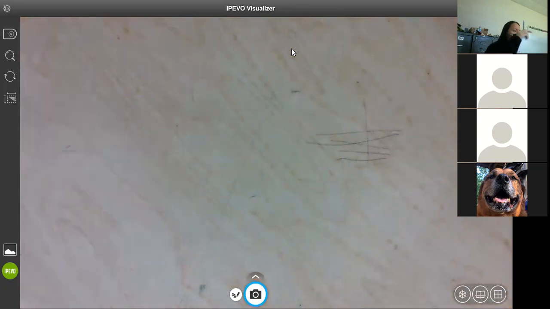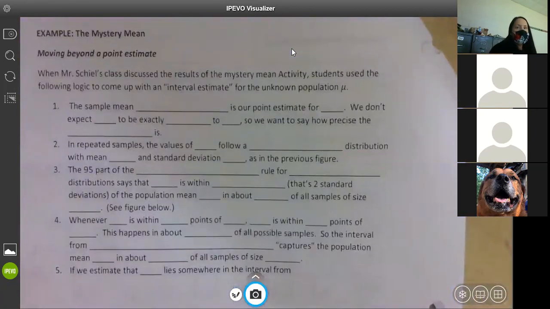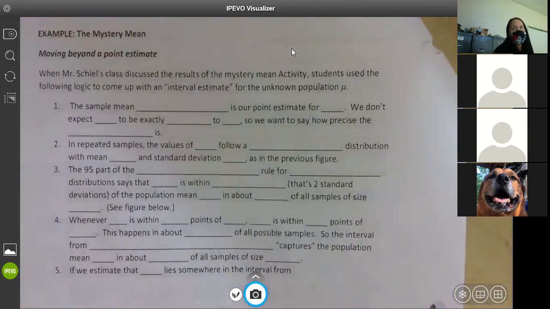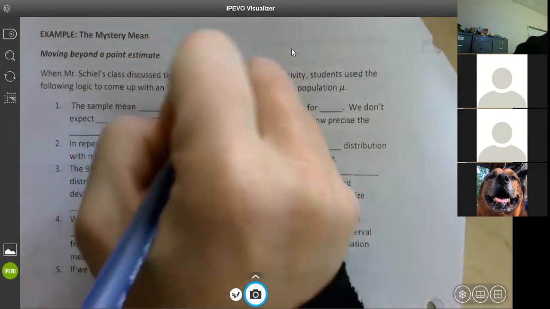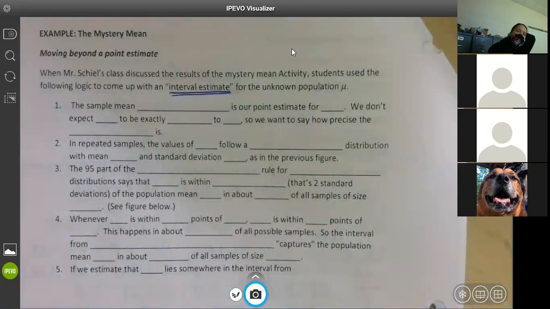Example, the mystery mean. Moving beyond a point estimate, when Mr. Shields' class discussed the results of the mystery mean activity, students used the following logic to come up with the interval estimate for the unknown population mean mu. So right here, an interval estimate is what we need to watch out for. Okay, that is what we're going to try to do.